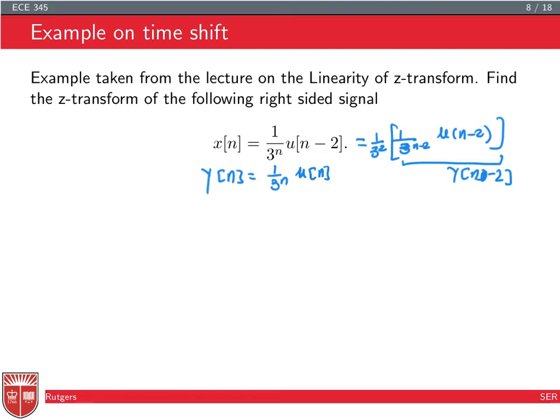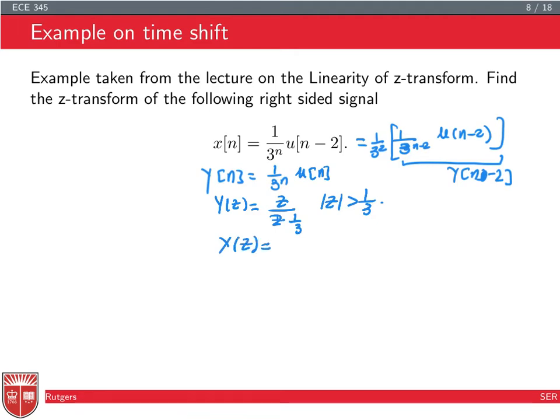Now I know from what we've learned before that Y of z is equal to z divided by z minus 1/3. Because this is a right-sided signal, the ROC is |z| greater than 1/3. Now I can apply the formula.